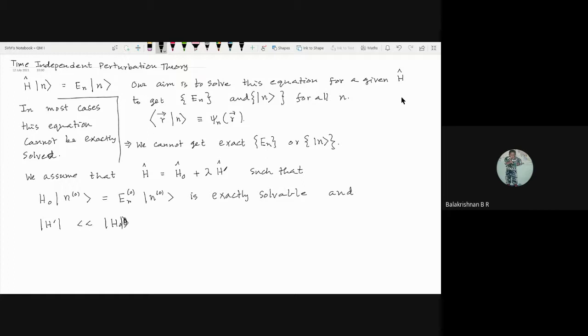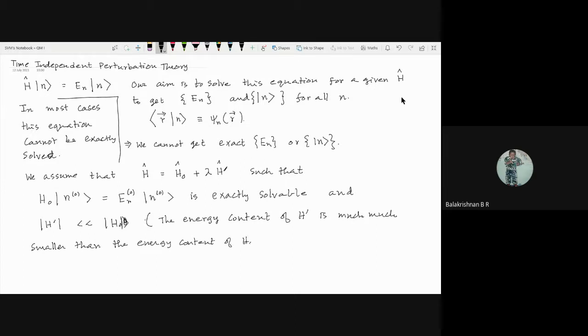What does this mean? This means the energy content of H prime is much, much smaller than the energy content of H naught.